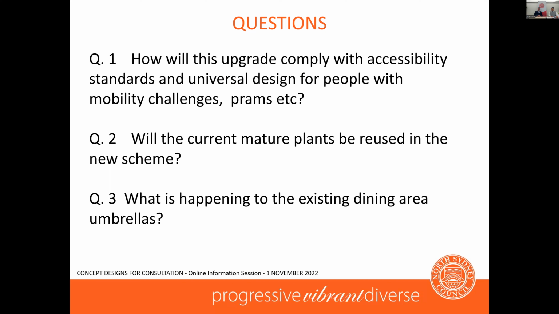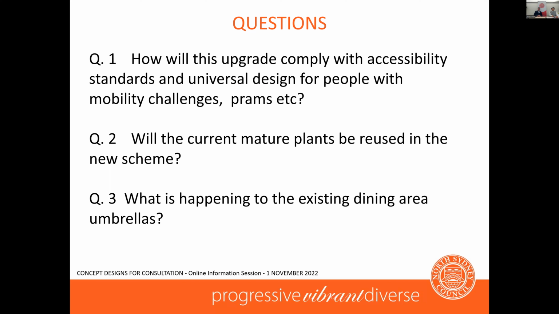All the designs that we do for our public domain upgrades are designed to ensure that we meet the DDA, which is the Disability Discrimination Act, and we use all the relevant Australian standards to design our footpaths, ramps, access into shops, and access into pedestrian crossings, etc. So it will be designed to those current Australian standards. There's no question about that. Yeah, specifically AS 1428, access and mobility.